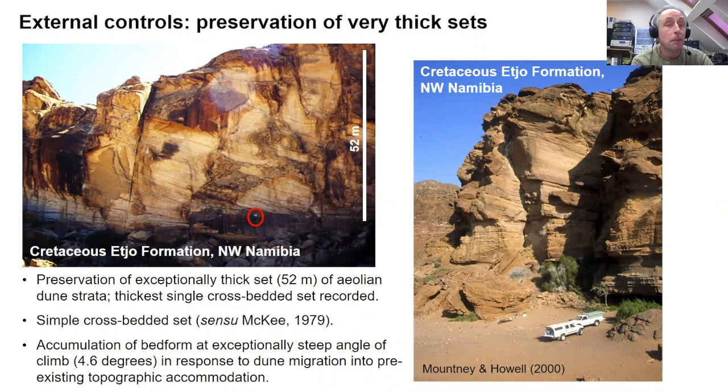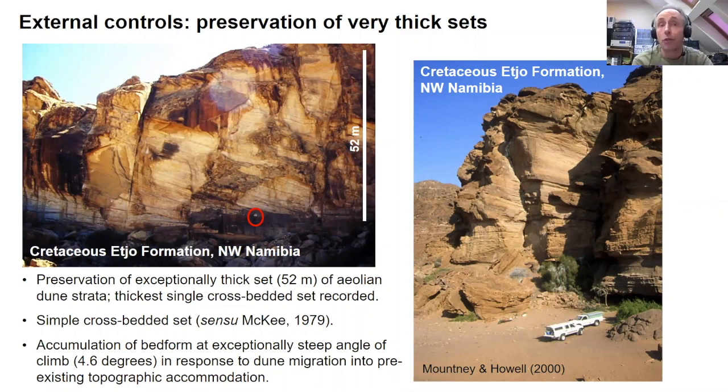And so that's only really possible under certain limited circumstances. Specifically, we need to have accommodation made readily available into which large bed forms can migrate, and they can then pile in and fill that accommodation as they migrate into some kind of depositional hollow.